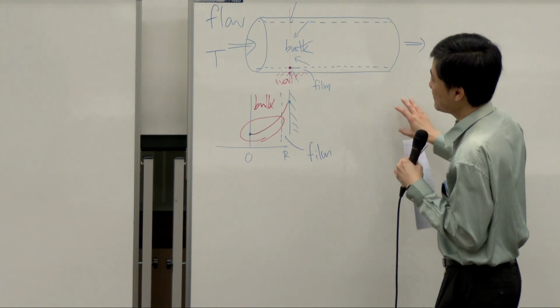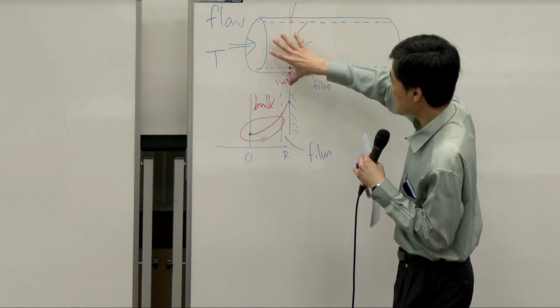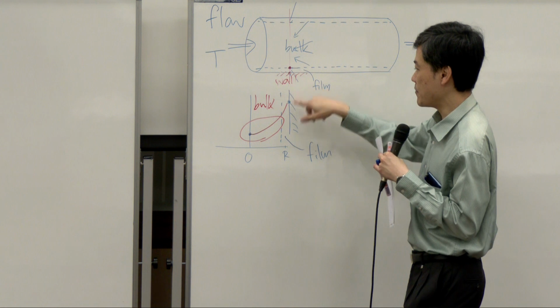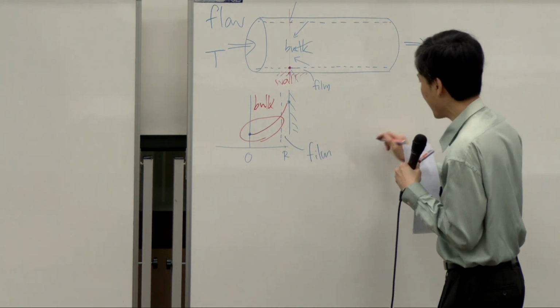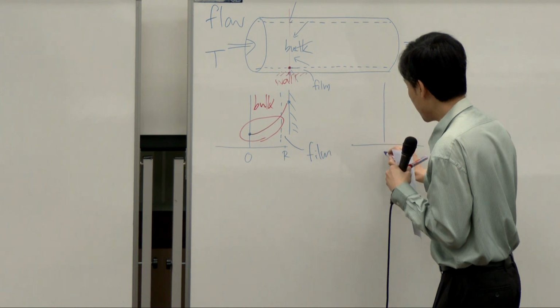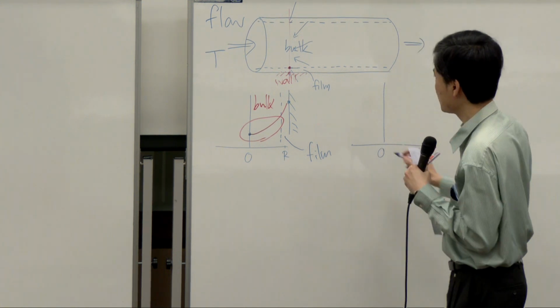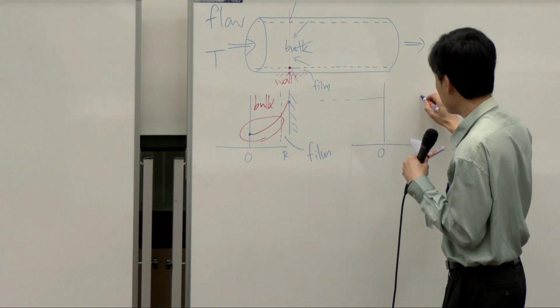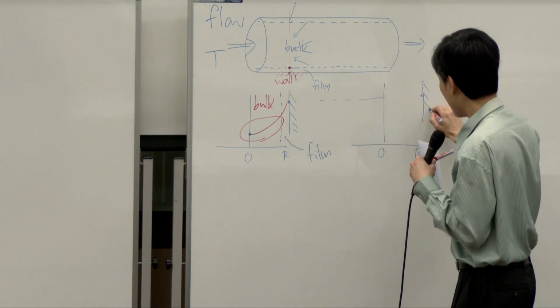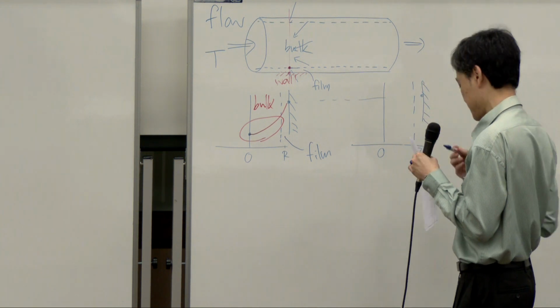On the other hand, you see that at this position, at the inlet, temperature would change like this. At the outlet, if I plot another graph as 0 and capital R, let's say temperature of the wall remains constant at this position. This is the wall, this is the foam.